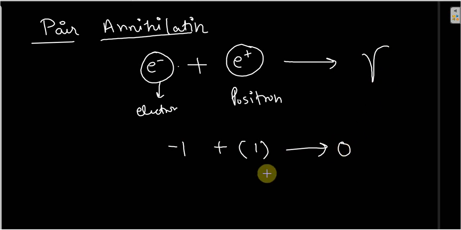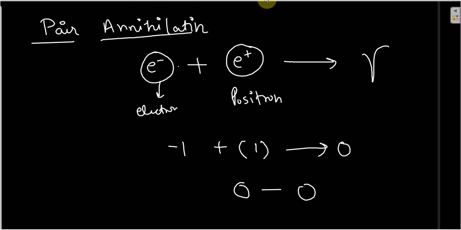So again this condition is satisfied and we can say charge is conserved. Next we will discuss one more example, and after that we will do the next property. So this is pair annihilation. These two particles destroy each other and produce light, that is a photon. So in this case charge is again conserved.